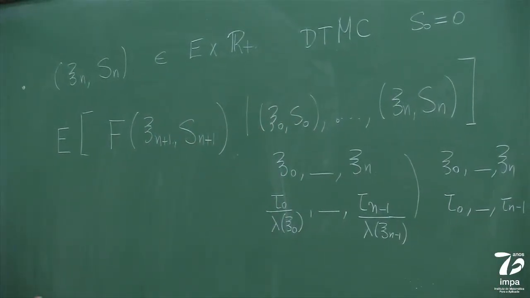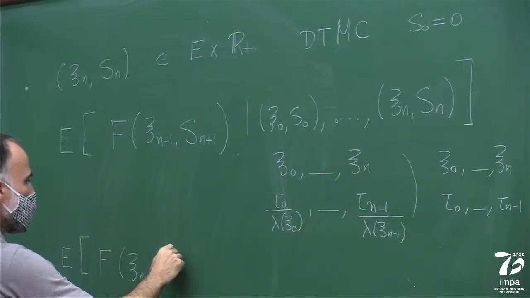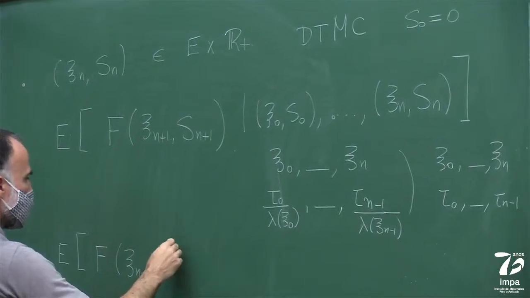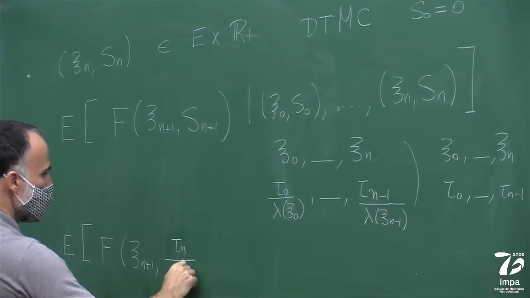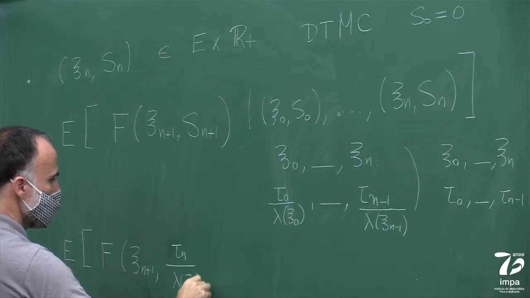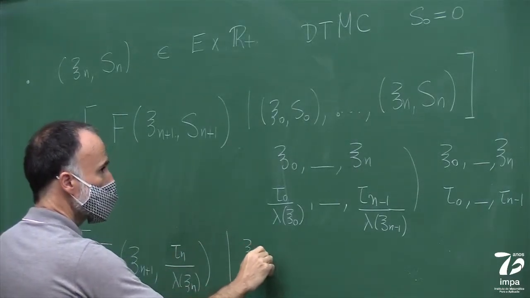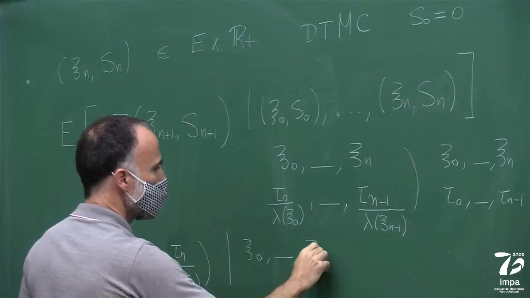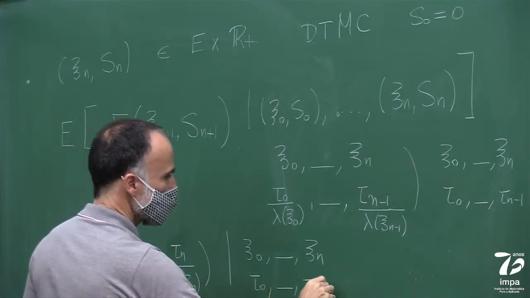So what I'm computing is the conditional expectation of f of xi n plus 1, Sn plus 1, where Sn plus 1 is tau n lambda xn, given xi 0 up to xi n, tau 0 up to tau n minus 1.